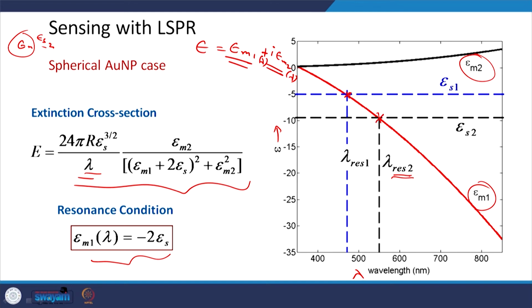So, when you change the dielectric function, or say in terms of refractive index, epsilon s1 to epsilon s2, basically there was a shift in the resonance wavelength from lambda resonance 1 to lambda resonance 2. So, by measuring this change in lambda, you can say how much change in the surrounding dielectric function occurred. This is how you use it for sensing.